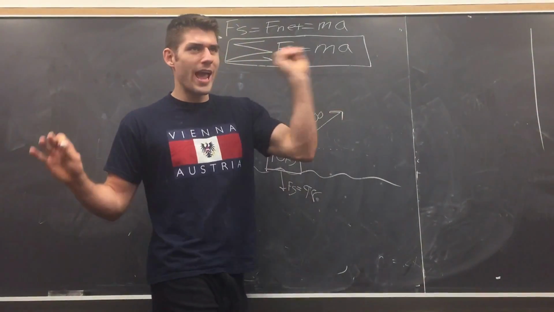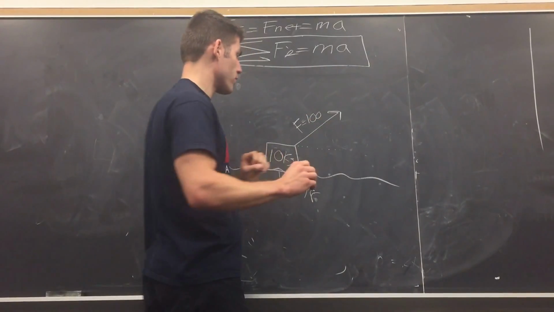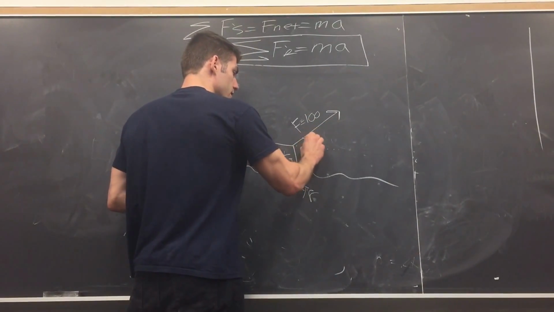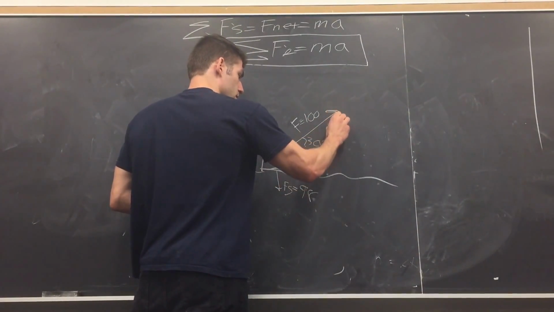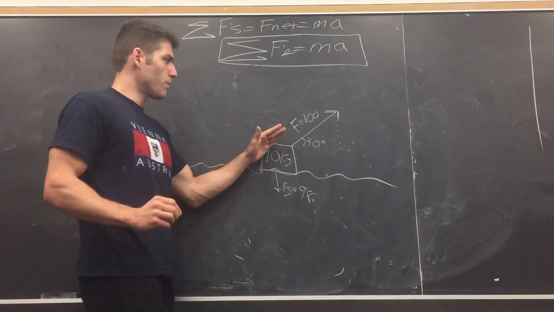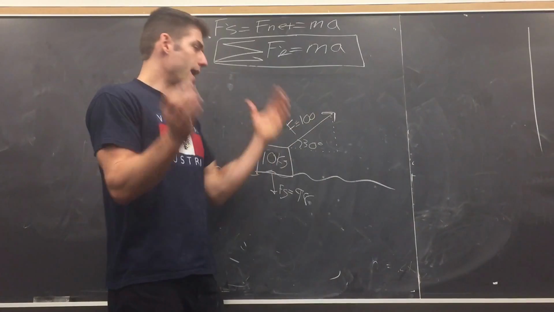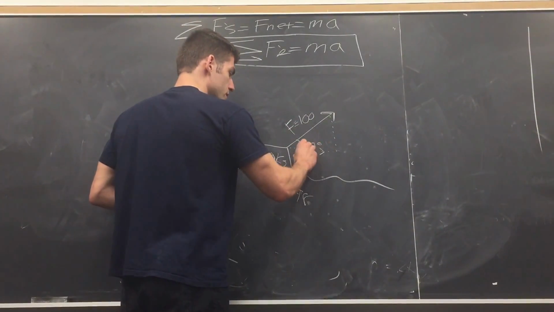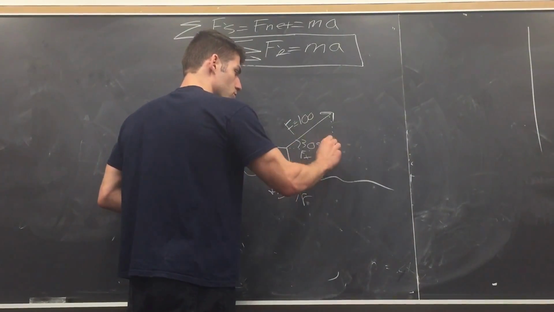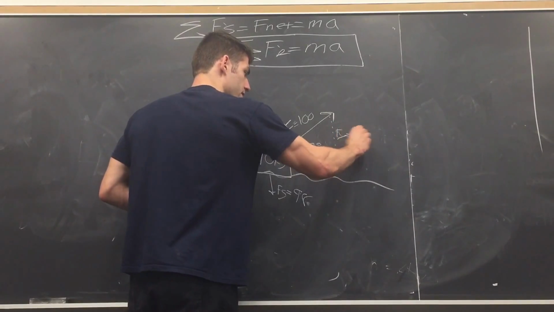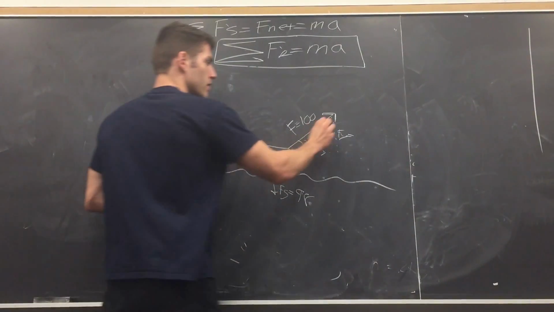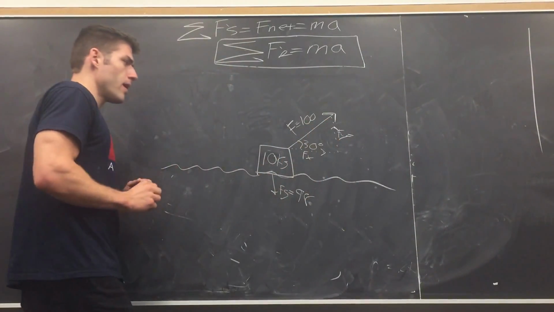Before we do anything, we hate angles. Let's break up the angle before we do a force body. This is a 30-degree angle, which means we're pulling it at 100 newtons. We hate angles, so we're going to break this up into force X going to the right and force Y going up.